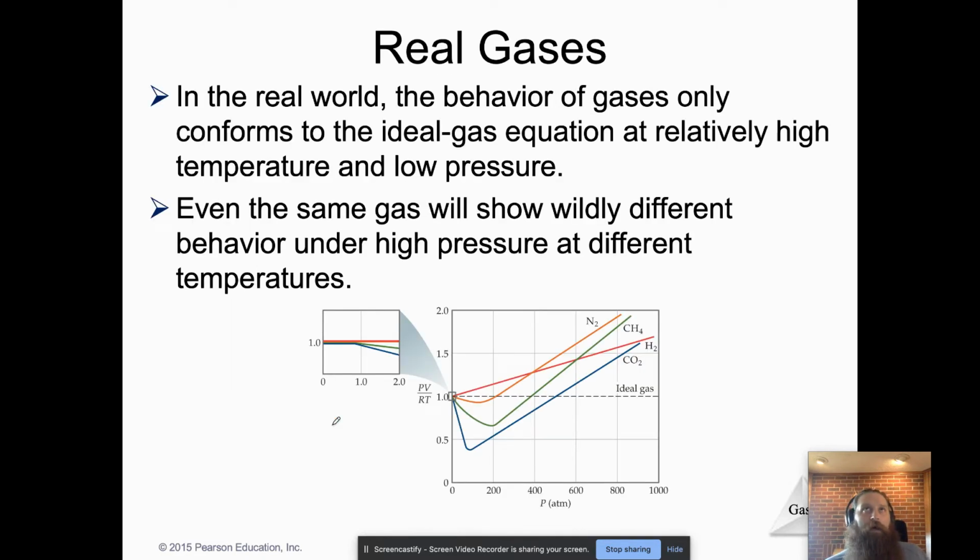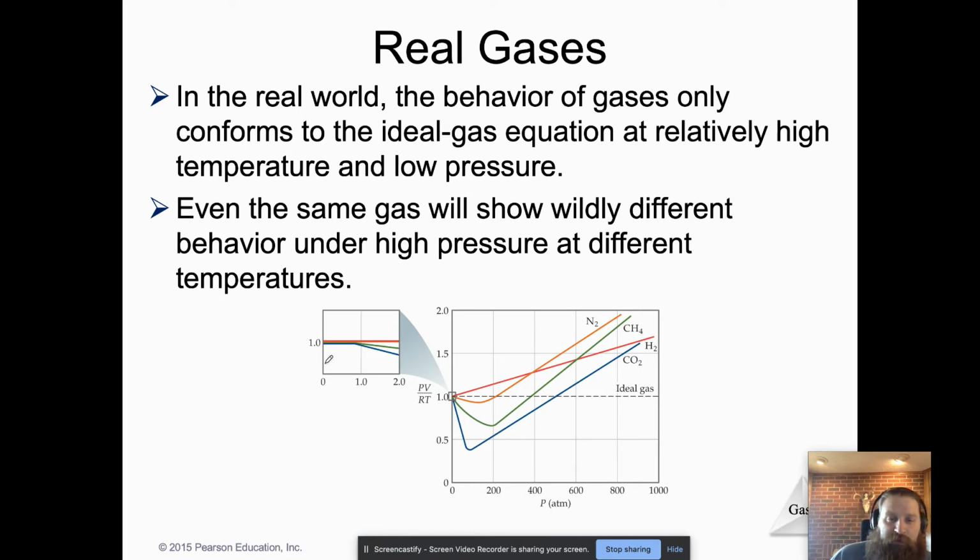Now, ideal gases don't exist, not really. Real gases kind of behave like ideal gases as long as you have a hot temperature and a low pressure. But the moment you get outside of either a high temperature or a low pressure, you get some really wild deviations from this theory.